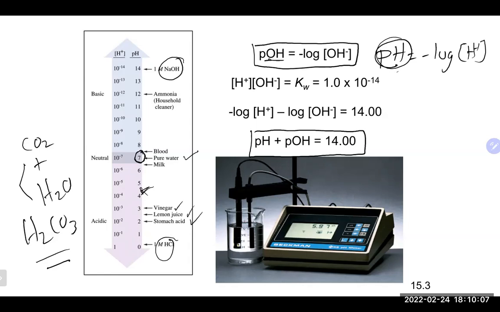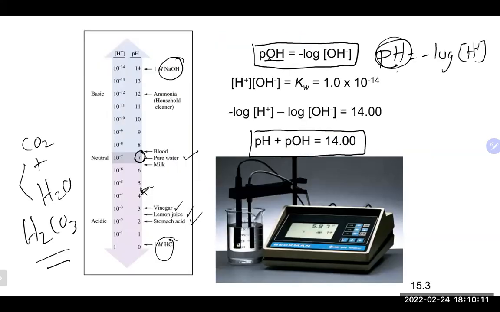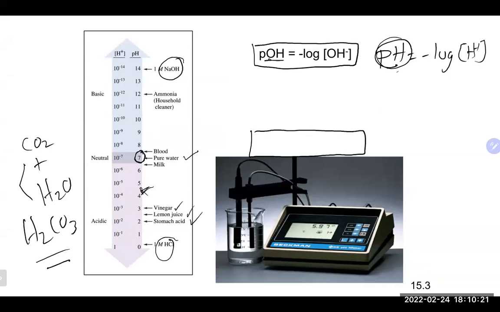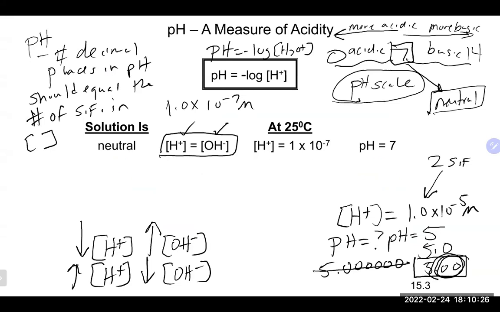By the way, there's a couple other things that are important that we could calculate here, and that is, if we are given the pH or if we're given the pOH, we could actually calculate the concentration. So let me just find somewhere to scribble here. I'll scribble right here in the middle, I think. There we go.